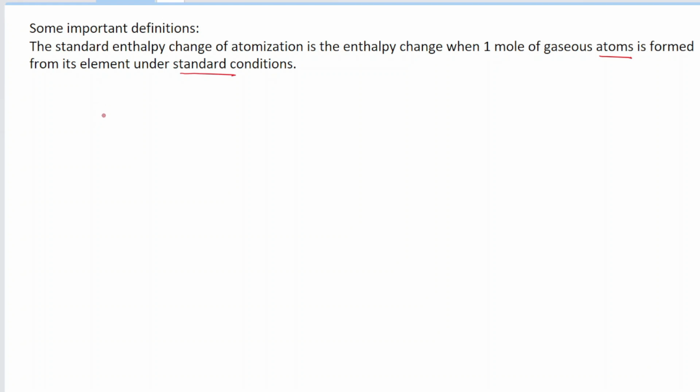Now, just a basic example of this: let's say you have sodium, right? You have sodium as a solid. The enthalpy change of atomization of sodium will be that you are forming the gaseous atoms, and 1 mole of it, so sodium gas, right? And you can abbreviate this like this, delta H hat. And this value will always be positive.